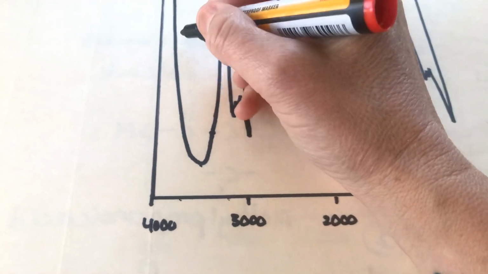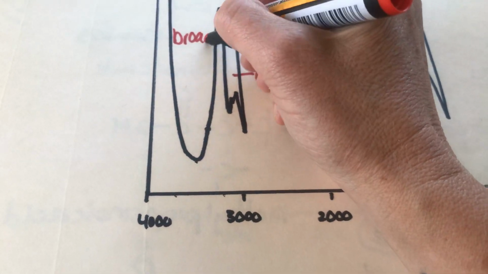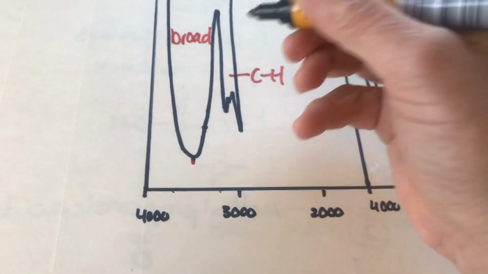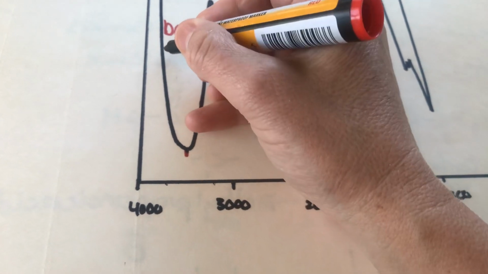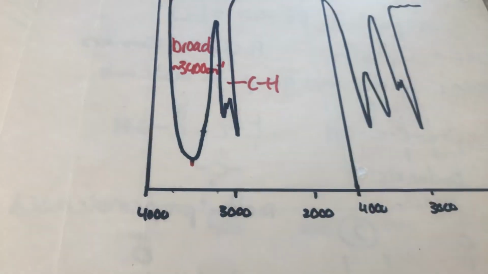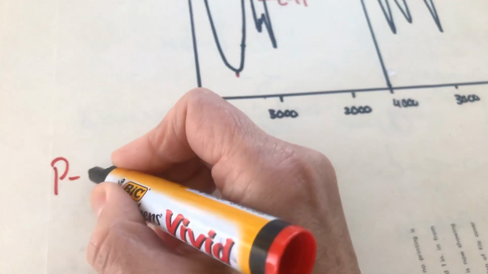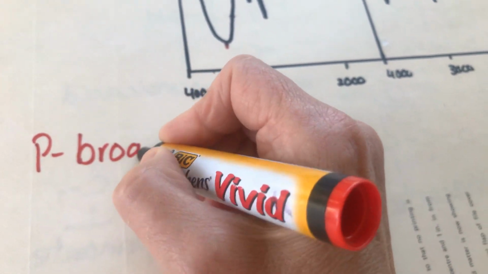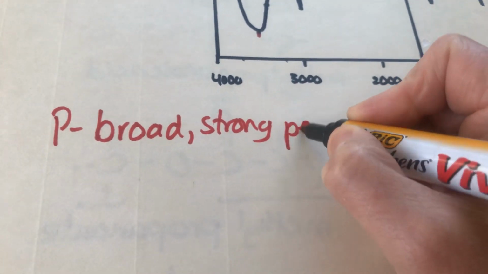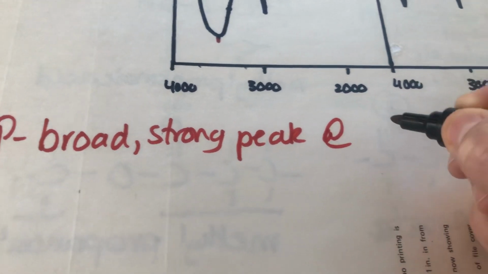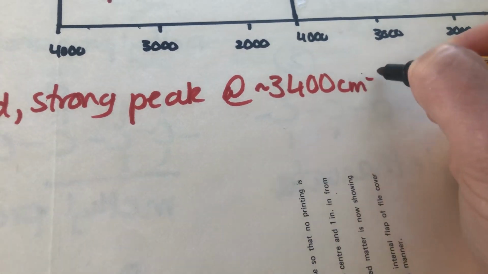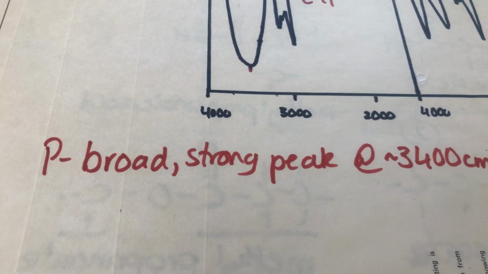So here, this is a broad peak, and I'm going to go down here and say that's at about 3,400. Okay, so my P here, I have a broad and reasonably strong, as it's long, peak at around 3,400 wave number. Okay, so that's my identification.